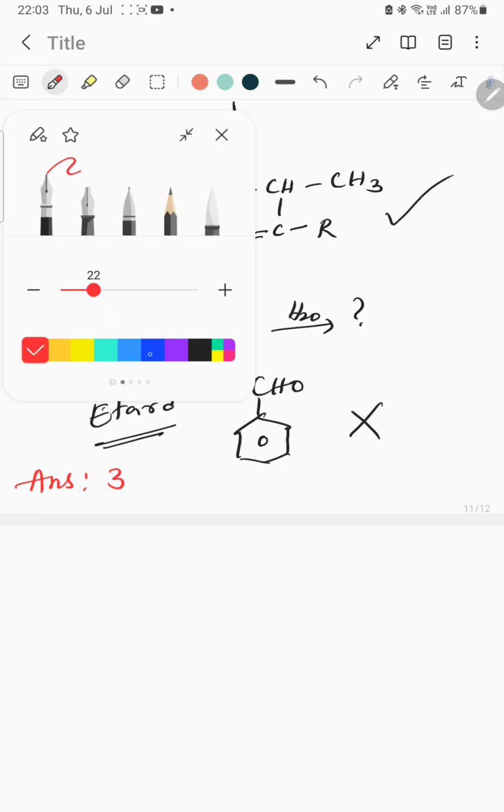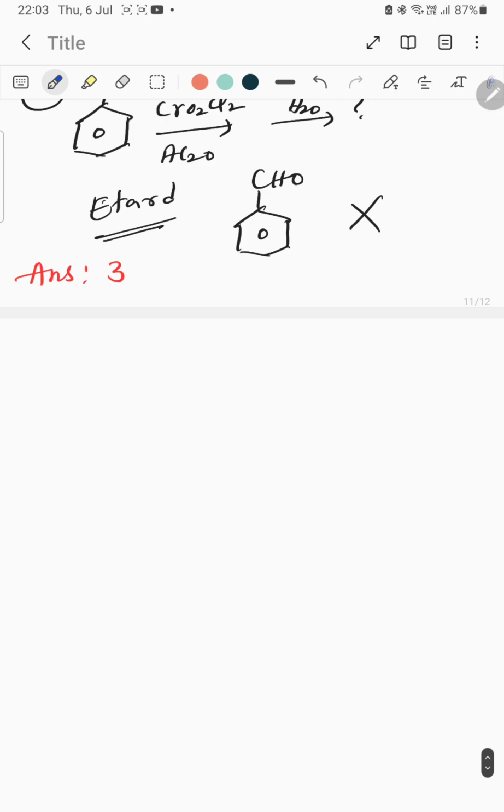Next, 33. What is the given compound initially? Acetylene is given. 3 moles of acetylene passed through iron, with the heating symbol on the arrow. What is the reaction? In your first year organic chemistry, benzene preparation: acetylene gas is passed through a red hot iron tube, we get benzene.